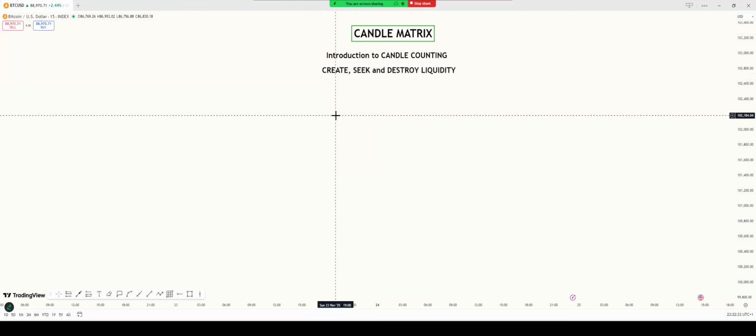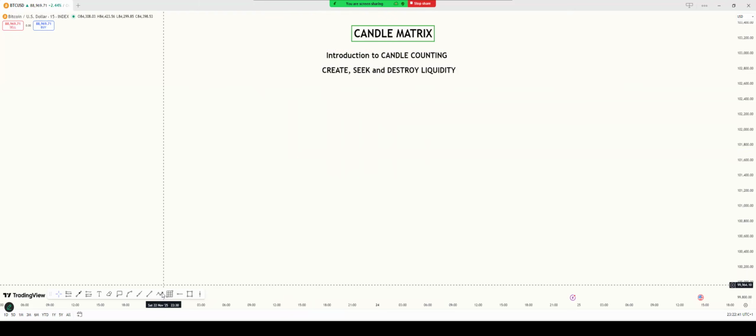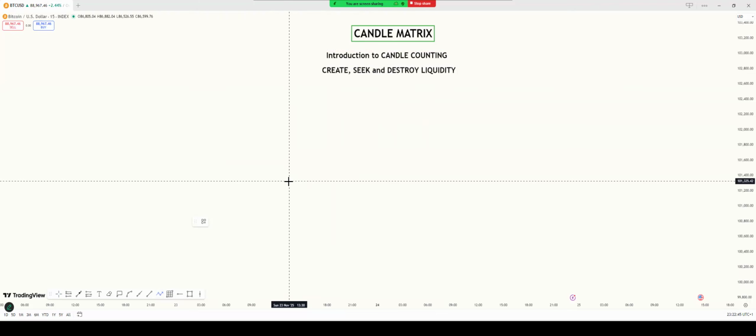I also want you to accept a new fact, a new truth. I want you to accept the idea of liquidity resting above every high and below every low.